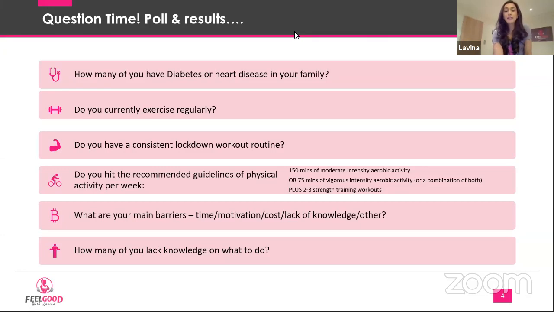Do you have a consistent lockdown workout routine? This is quite an interesting one. Only 31% of you do, and 69% don't have a consistent lockdown workout routine.